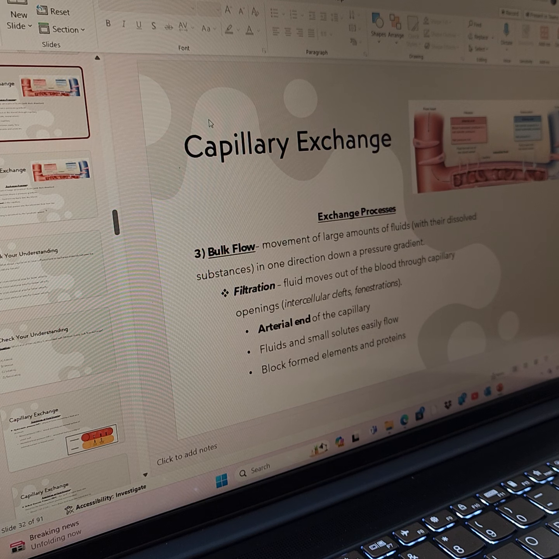Filtration is what is taking place at the arterial end. The fluid moves out of the blood through capillary openings, the intercellular clefts and fenestrations, and the arterial end of the capillary is what's doing all the filtering of fluids and small solutes. It blocks formed elements and proteins.